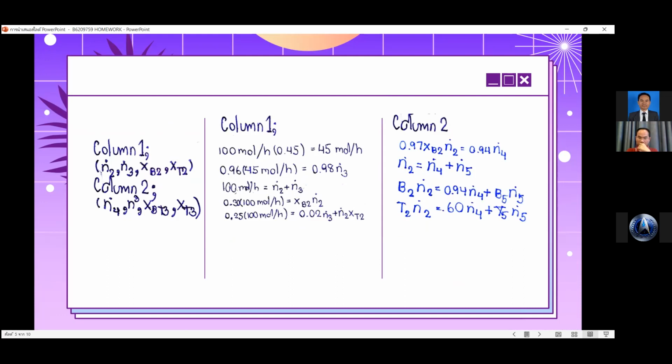After that, I use the overall mole balance on column 1 to solve N2. Then I use the mole balance of benzene and toluene. The same as column 2, I use the amount of benzene to solve N4.